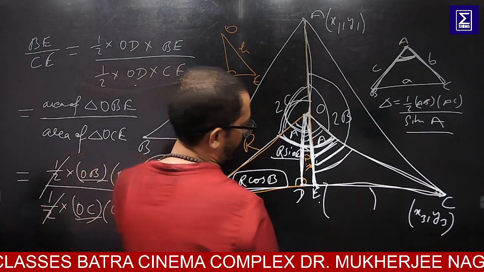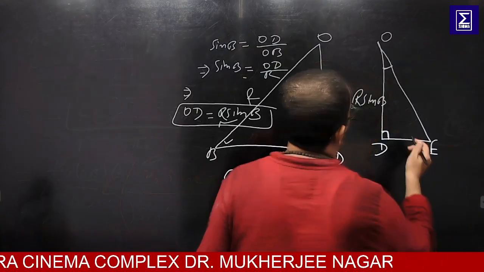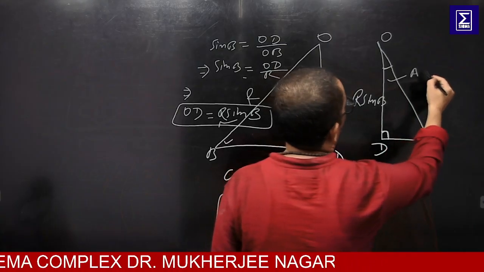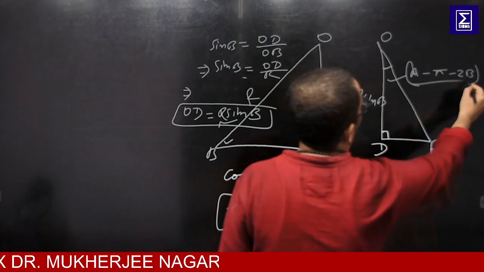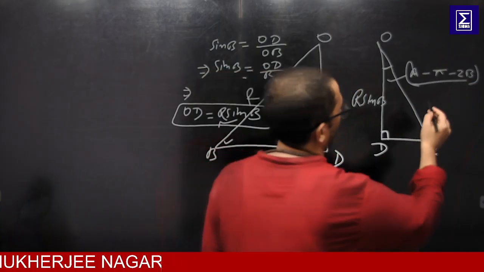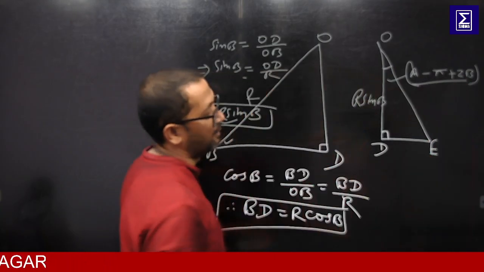So this angle is nothing but A minus pi minus 2B. So here if you put here minus, so it will be plus A minus pi plus 2B.